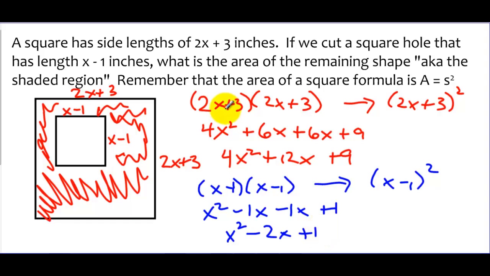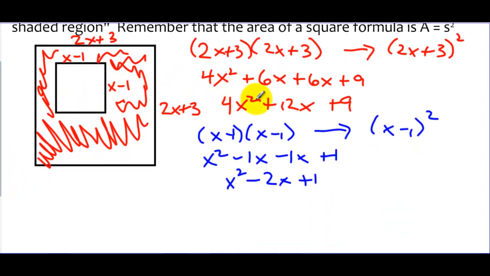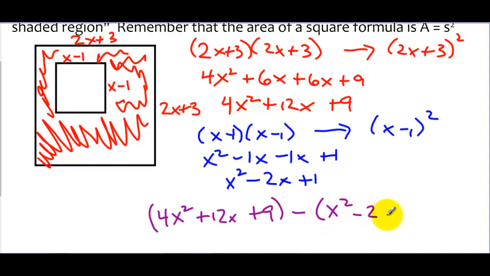So what we really need to do to find the area of the shaded region is take this first expression, the area of the big square, and subtract away the hole, and what's left over is the shaded region. So those problems look like 4x^2 + 12x + 9, that's one polynomial, minus (x^2 - 2x + 1).